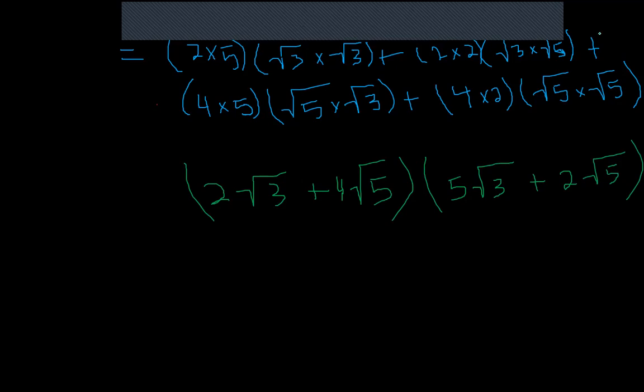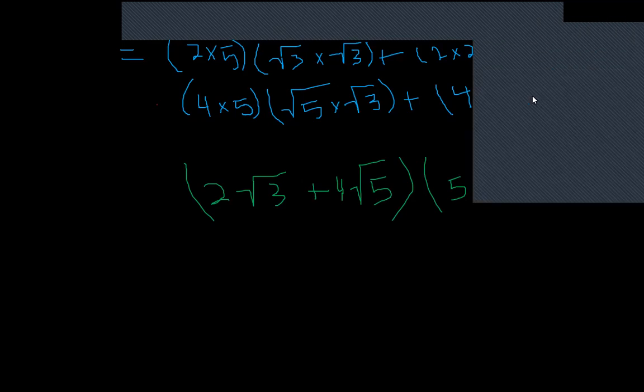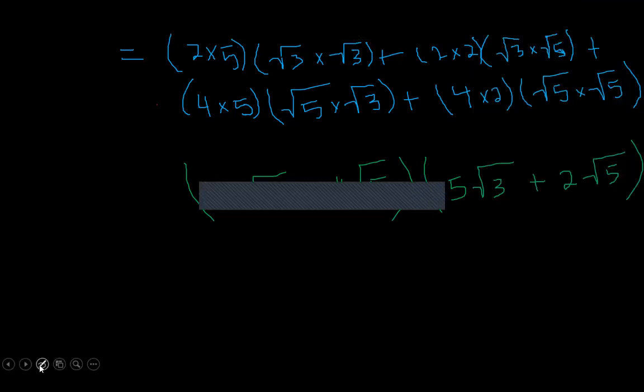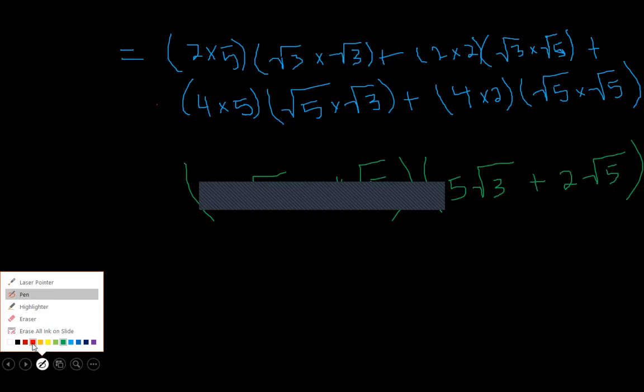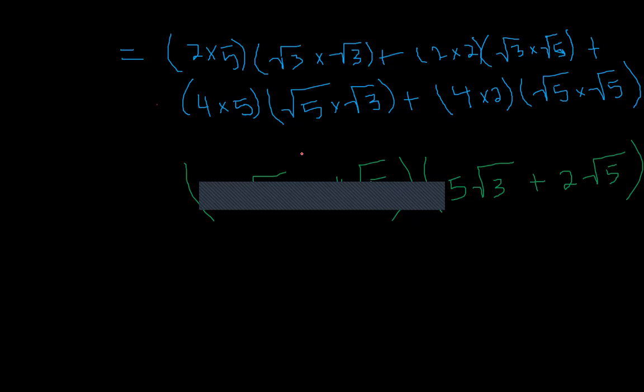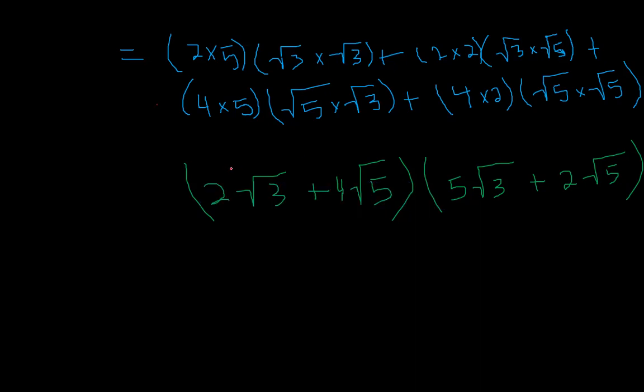When expanding brackets, you know what the distributive law is? Yes or no? Okay. So if I wanted to apply the distributive law here, what 2 terms would I multiply first?